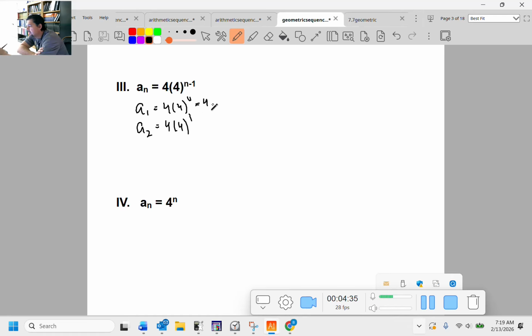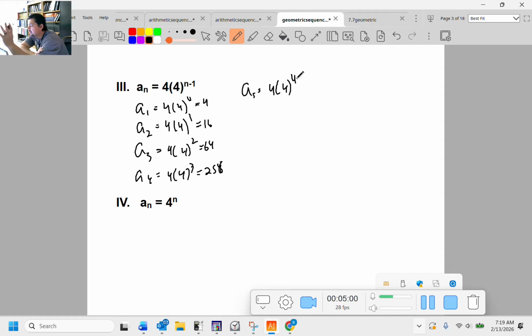4 times 4 is 16. If you plug in a 3, the exponent becomes a 2. That's going to be 4 times 16, which is 64. You plug in a 4, the exponent becomes a 3. 4 cubed is 64. 4 times 64 is 256. And if you plug in a 5, the exponent becomes a 4. 4 to the 4th is 256 times 4 again is 1,024.